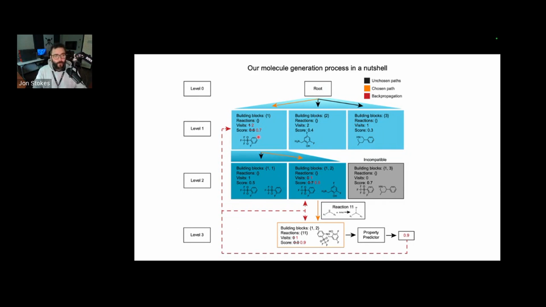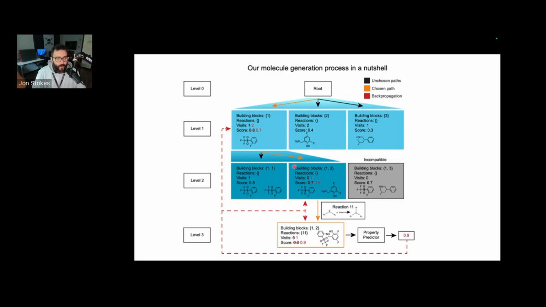In this case, we can see that it is this building block here. We then take this building block forward and we ask, what are all of the other molecular building blocks that are synthetically compatible with this highest scoring building block here? In this example, we can see that it is this building block that is most likely to be antibacterial based on our pre-trained property predictor.